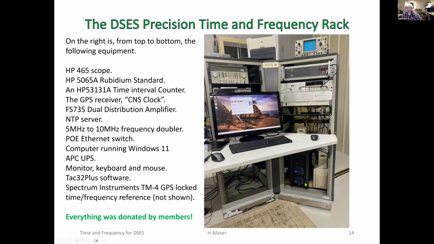Now this is the rack containing the time and frequency system. Everything in the right-hand side rack and the monitor and keyboard and mouse are the time and frequency system. And just to go through it quickly, on top we have an oscilloscope that comes in handy sometimes. Then the next thing down is the Hewlett-Packard HP 5065 rubidium.